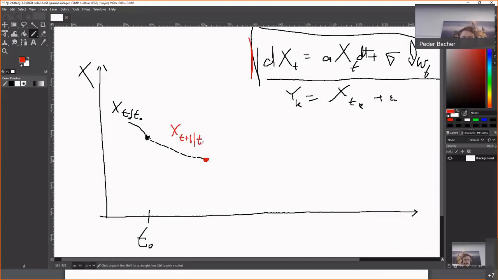We can put a hat on it. This is the one-step prediction of our state. This is at t1, we could write t0 here if we want. This is the prediction. And then our model says that this is a normal distribution.